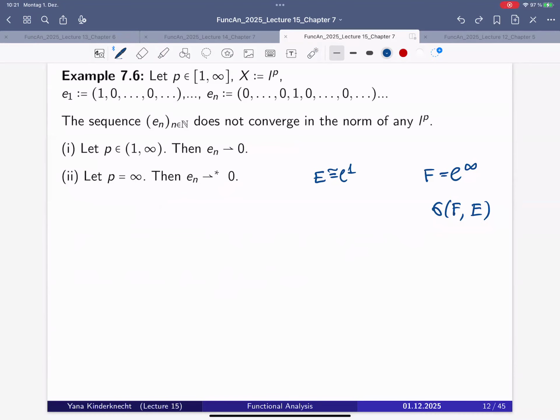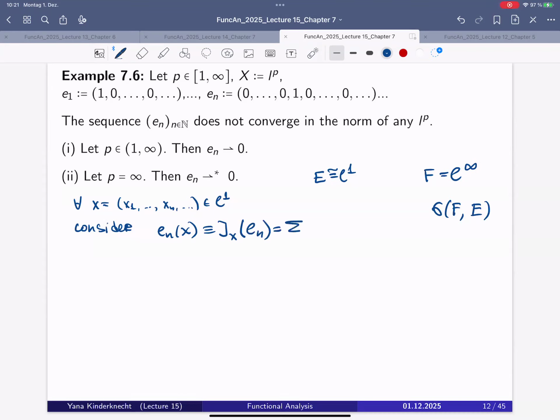This means that for any x, x1, etc., xn in L1, consider En of x, or equivalently gx of En, and how it acts.